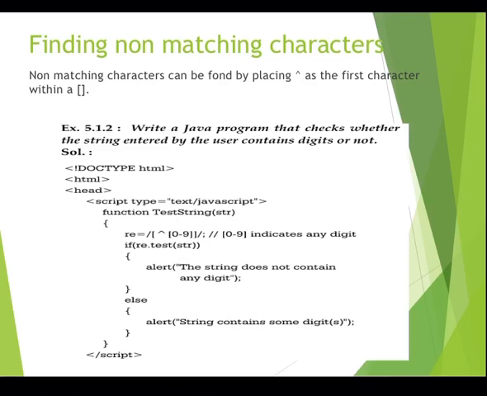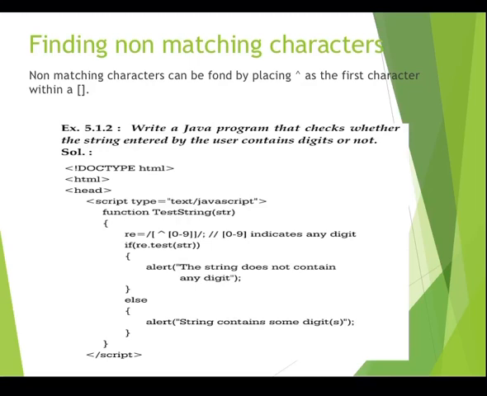Write a JavaScript program that checks whether the string entered by the user contains digits or not. So HTML tag, head tag, then a script tag, then function testString(str) with str passed. Then your regular expression re is equal to slash, then open the square bracket.